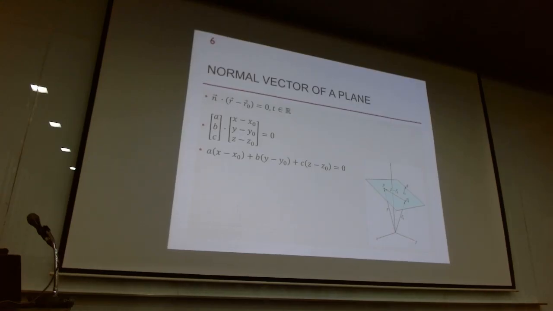Two vectors is a plane. Three vectors is a 3D dimension. Four vectors, you cannot visualize, but it's four-dimensional space. So you have to see how many vectors you have.